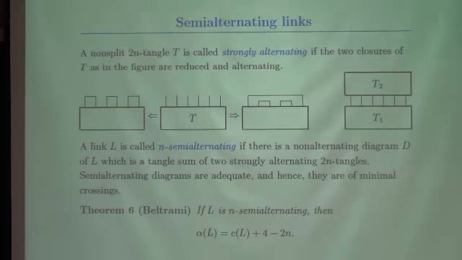Okay, and this n semi-alternating diagram belongs to the category of adequate diagrams. Adequate, so it's of minimal crossings.